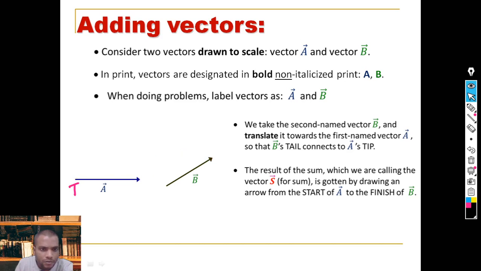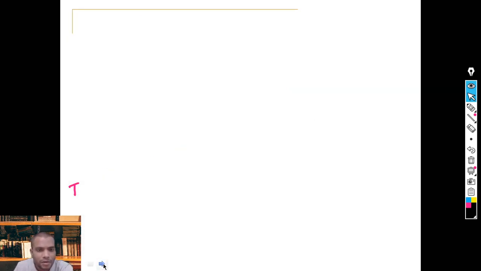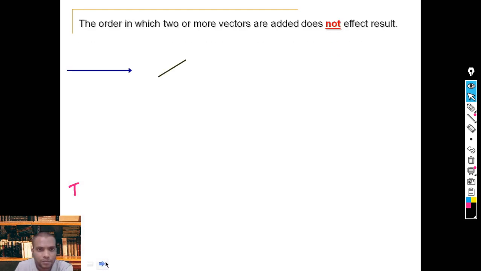So if A bar and B bar are the two vectors, and we need to add B bar to A bar, just move B bar towards A bar without changing its direction, and combine the tail of the first vector to the head of the second vector. Now that gives the resultant. S bar equals A bar plus B bar.